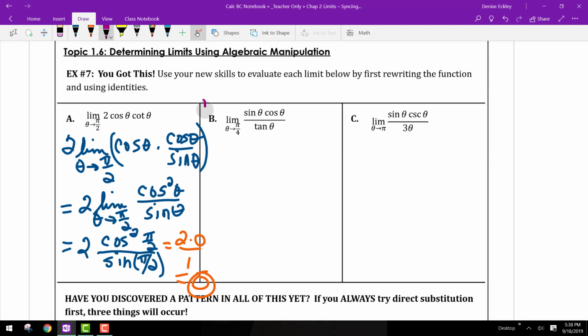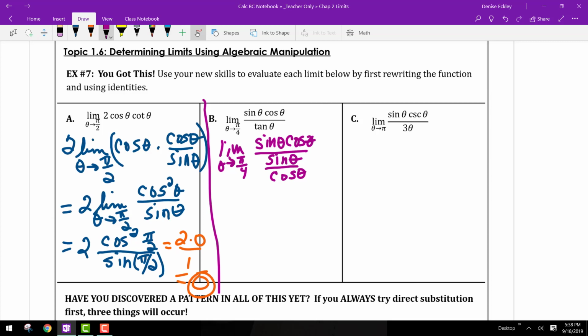I'm going to use another quotient identity. So I'm going to do the limit as theta approaches pi over 4 of sine theta cosine theta over sine theta over cosine theta.